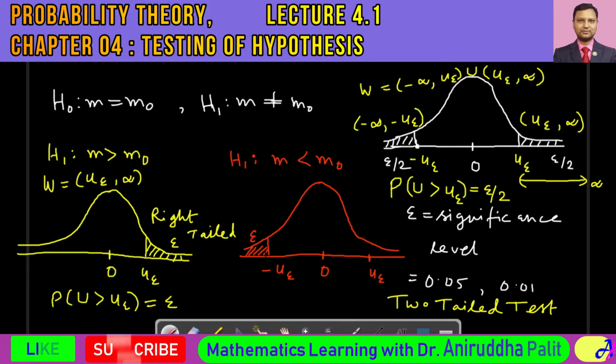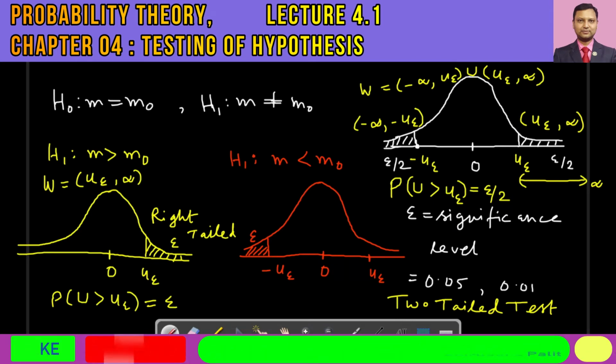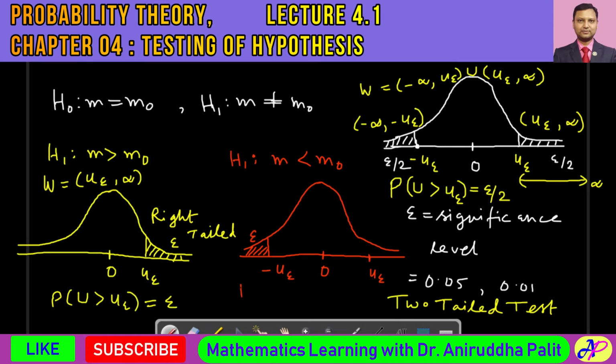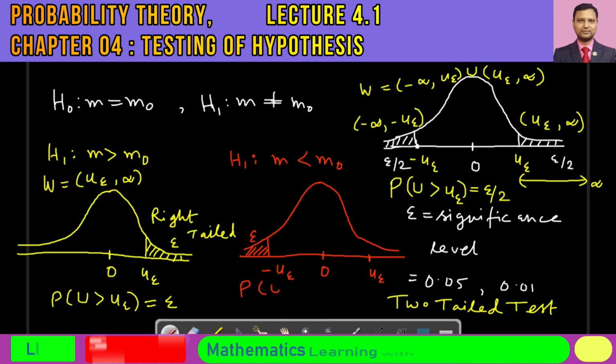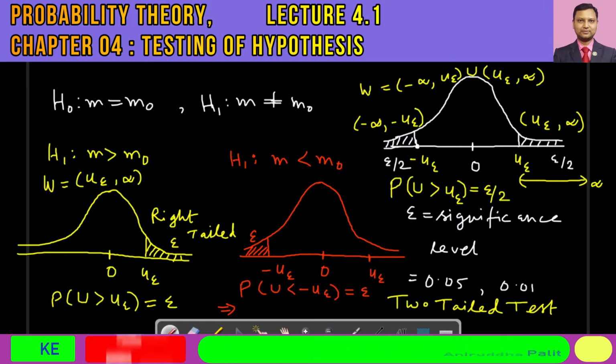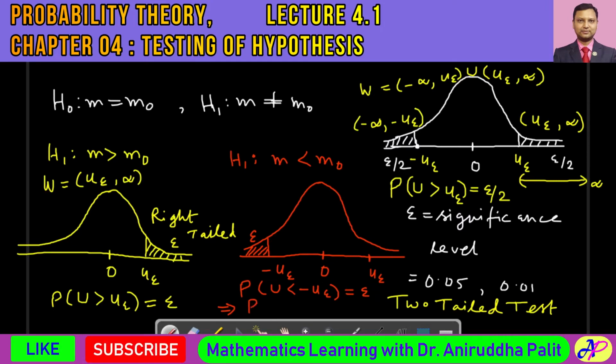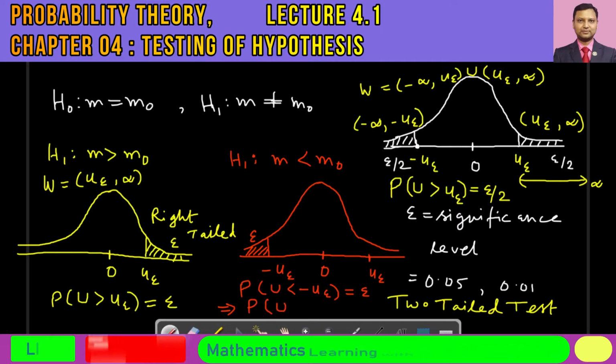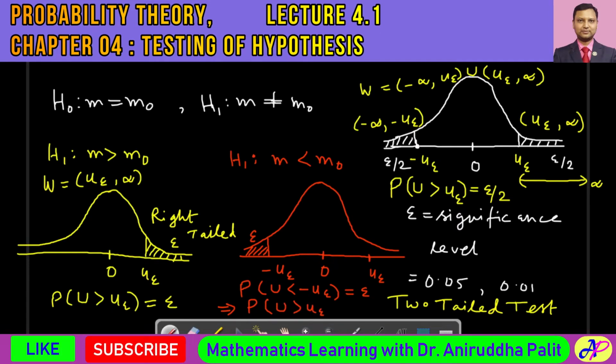Due to symmetry, this much area should be written by this type of inequality: probability u less than minus u epsilon. This probability would be equal to epsilon, and due to symmetry it can be shown that this is exactly identical to the fact that probability u greater than u epsilon is equal to epsilon.